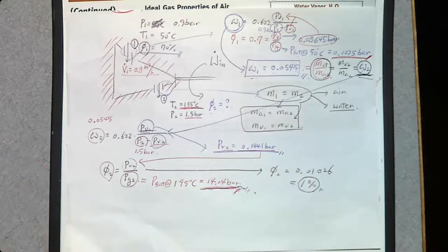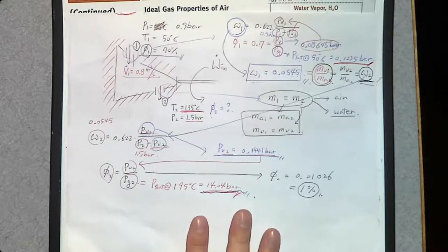That's why in winter, when you run the heater for a long time, the relative humidity of your house drops significantly, because the saturation pressure of the air at the given temperature increases dramatically after the heater is on. Therefore, the relative humidity goes down. That's why we use a humidifier in winter.